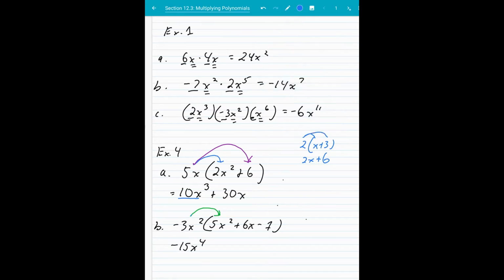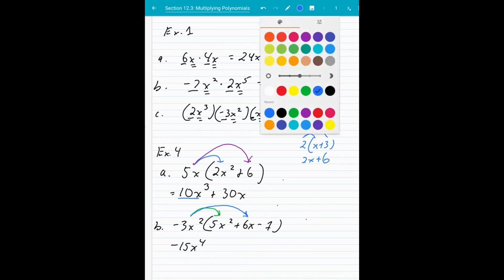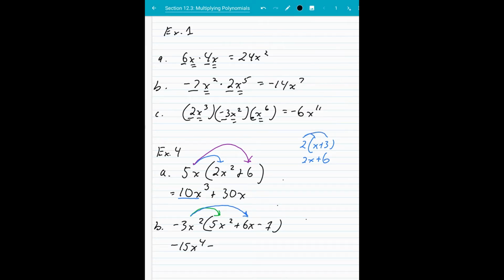Then do the negative 3x squared to the 6x. 6 times negative 3 is going to give us negative 18. X squared times x gives us x to the 3rd. And then finally, do the negative 3x squared to the negative 1. So that's going to give us 3x squared. And that would be your answer.